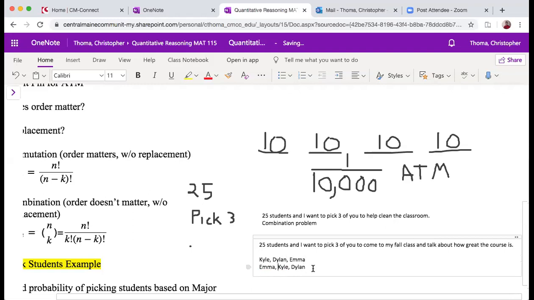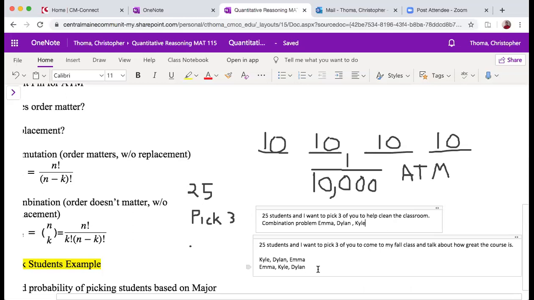This means a different outcome. But if we picked Emma, Dylan, and Kyle to help pick up the classroom, it doesn't really matter. Even if I change the order, you're the same three. So does that make sense of what it means by order matters?